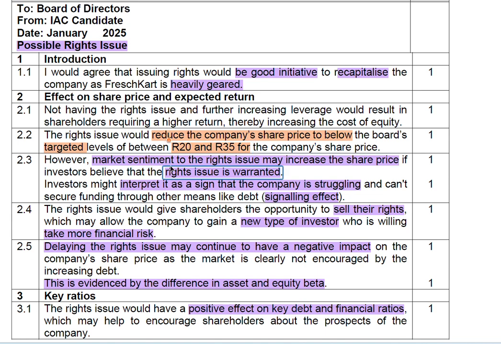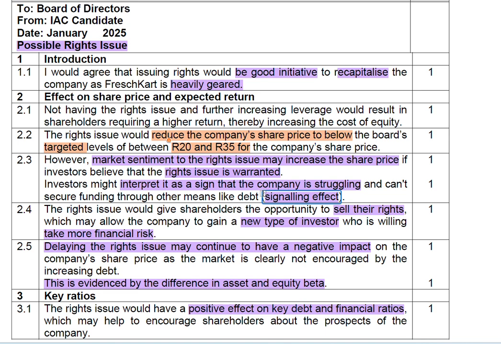However, the market sentiment to the rights issue may increase the share price if investors believe that the rights issue is warranted. The investors might interpret it as a sign that the company is struggling and can't secure funding through other means like debt.